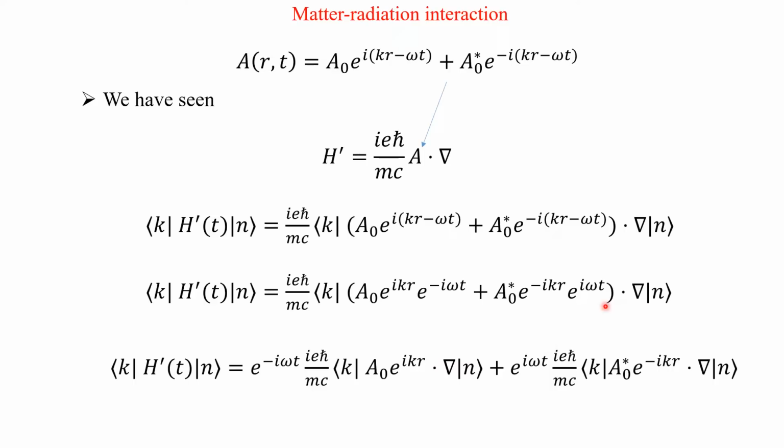And similarly is the case here. Instead of minus omega t, we will get plus omega t, i e h cross over mc ⟨k|A naught star e power minus i k·r dot del|n⟩. This is the final expression we got. We will see what will happen to this.